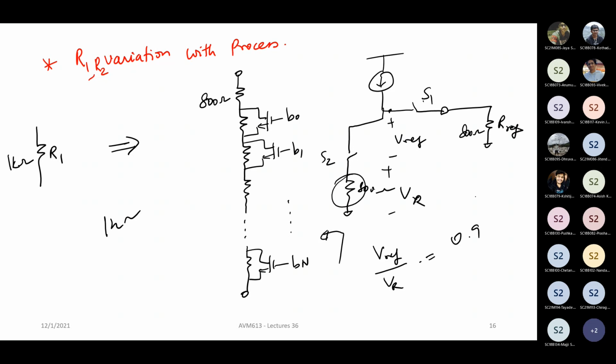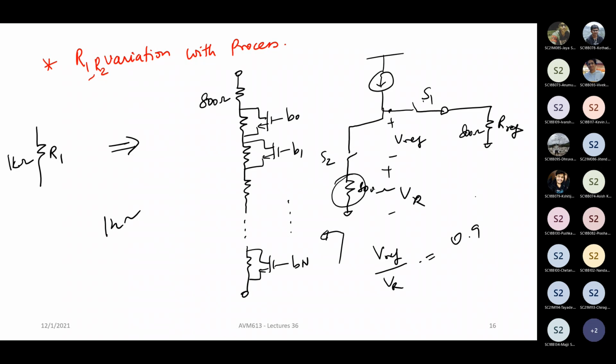So it is once and for all, one time for the lifetime of the chip. You do the calibration, you write the code, you burn it into an EEPROM inside the chip, and then you leave it. Or every time you turn on the chip, it will run this calibration routine and it will set the code and use it. You understood? Yes, sir. Okay.